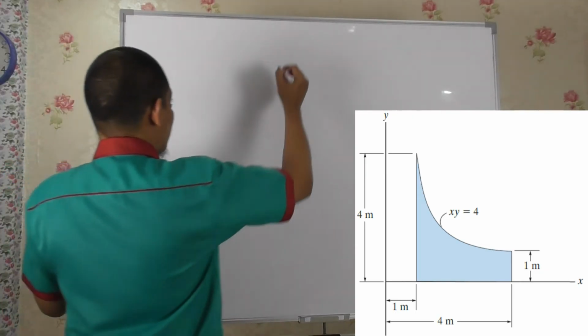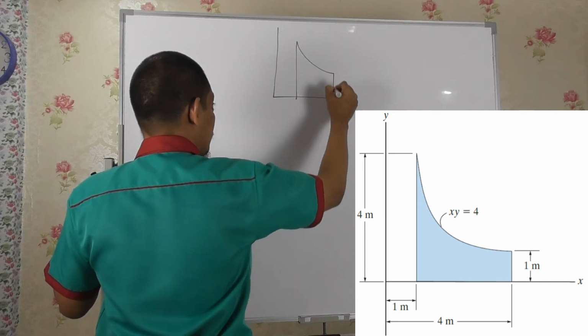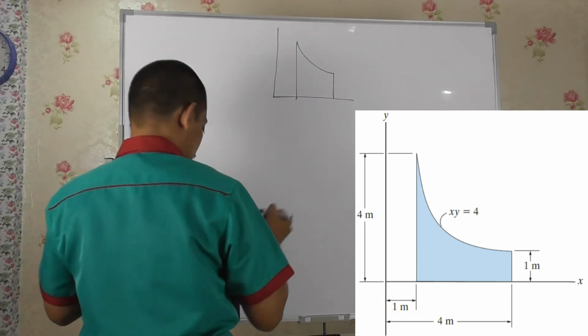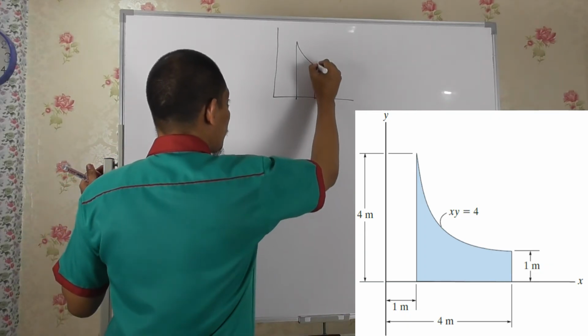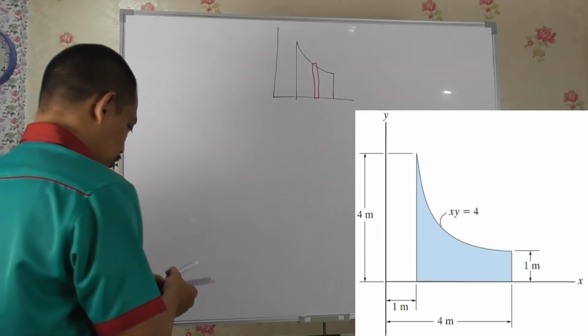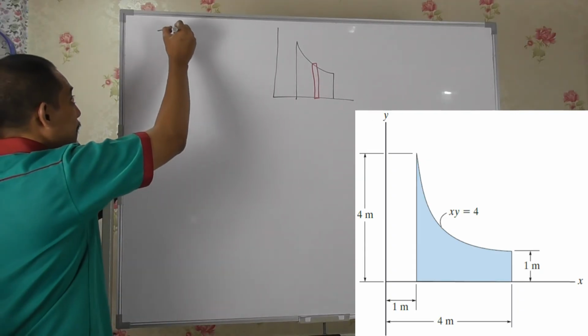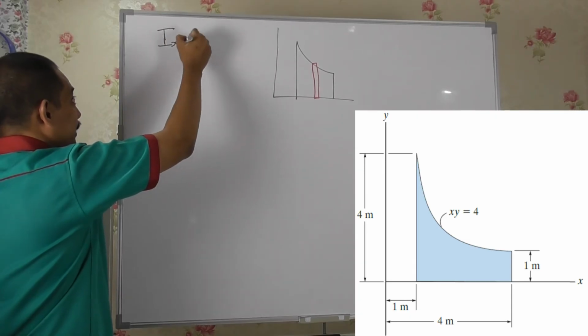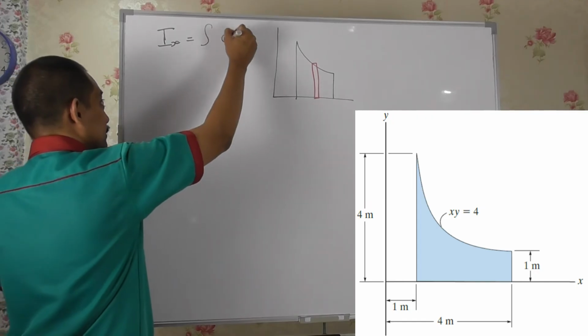So basically you have the shape something like this, and then you have to use vertical element, and you need to find Ix. So Ix using vertical element will be the integration of dIx.